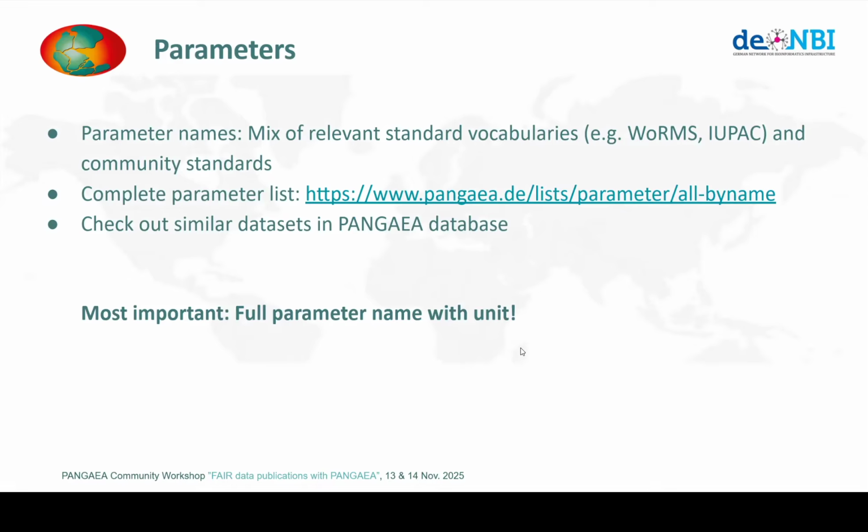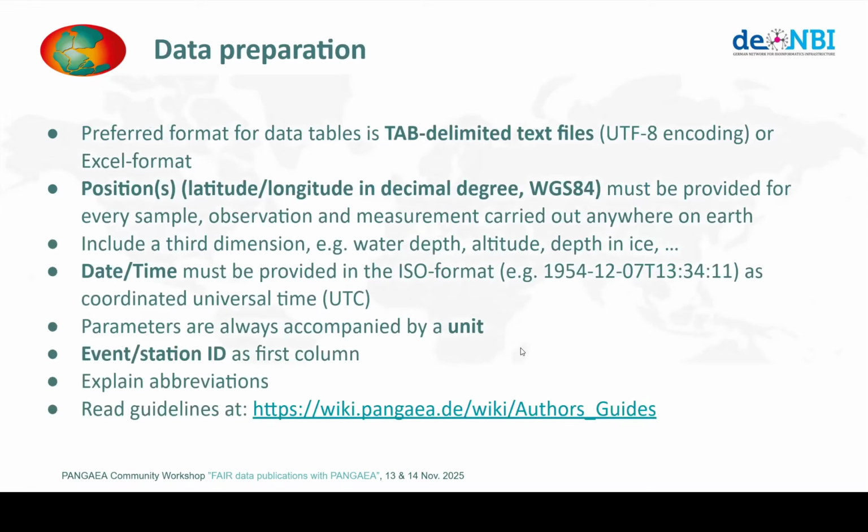So I would recommend that you check out similar data sets in the PANGAEA database. But if you can't find one, don't worry too much. Most important is that you provide the full parameter name with the unit to us, and then the data editor will help you to find the right parameter in our database.